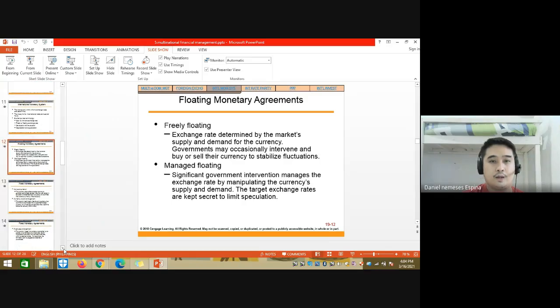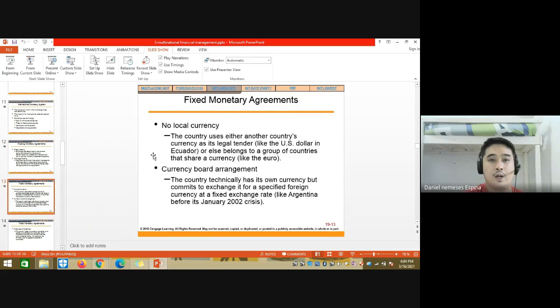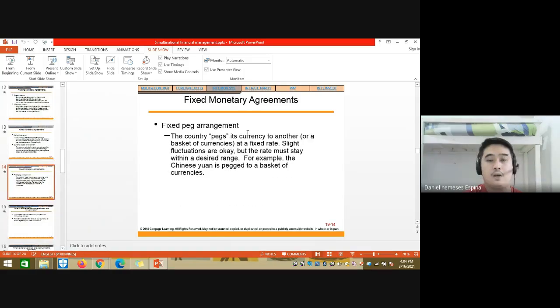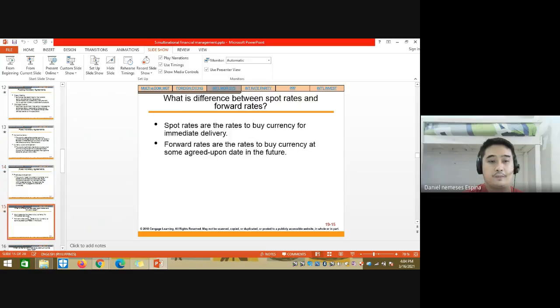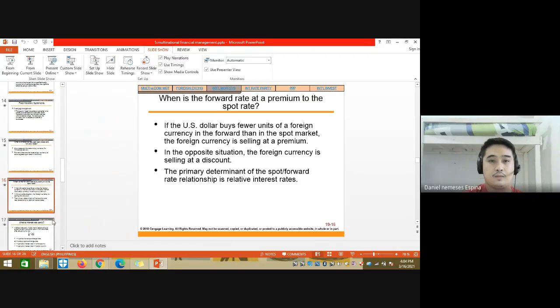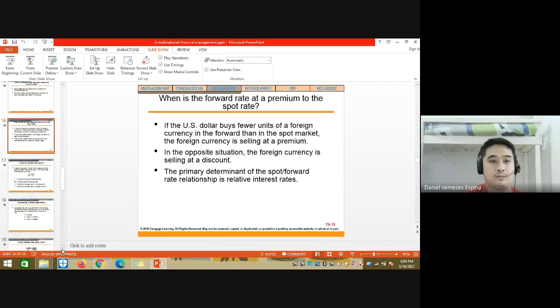In the floating monetary arrangement, we have freely floating, managed, and managed floating, while in the fixed monetary arrangements we have three: no local currency, the currency board arrangement, and the fixed peg arrangement. Then the difference between the spot and the forward rate: when is the forward rate at a premium or at a discount?